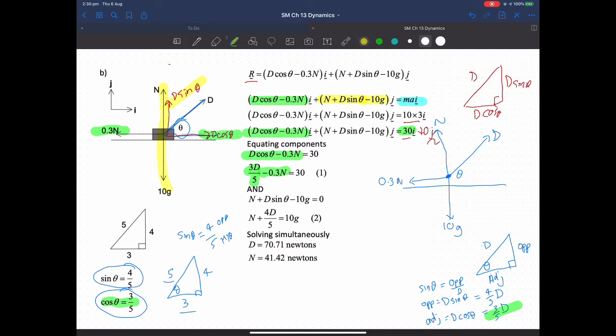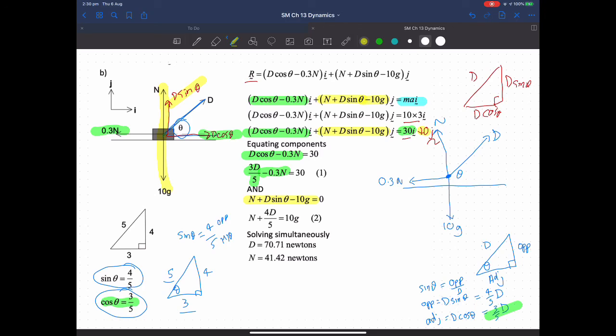Next thing I know is I have N plus D sine theta minus 10g in the j direction. Now, there is no movement up or down, so I've got 0j, so that will equal 0. So I've got N plus D sine theta minus 10g equals 0.